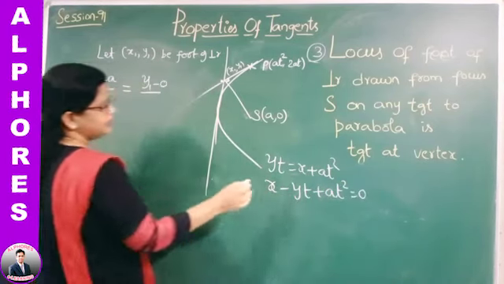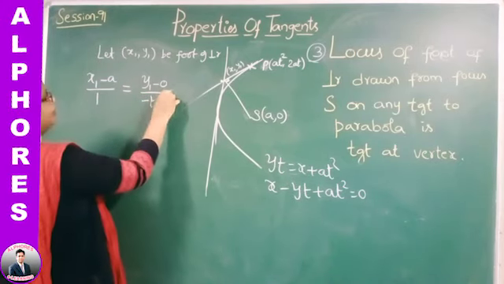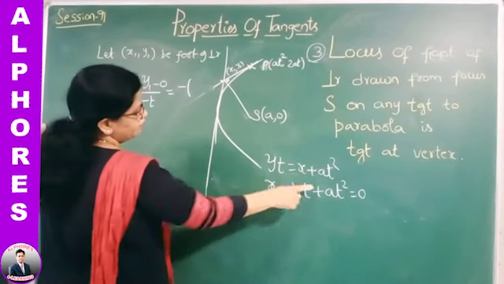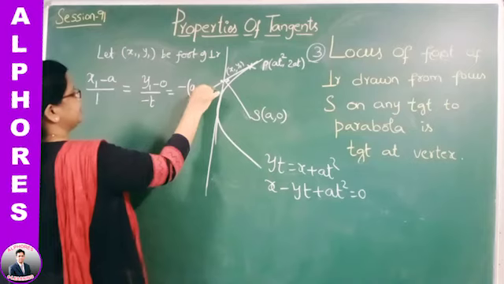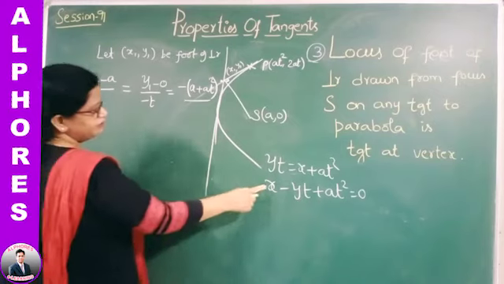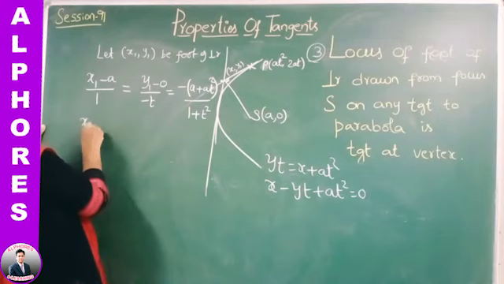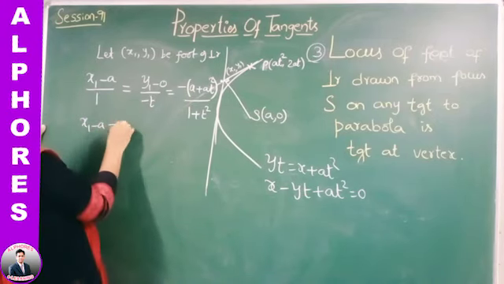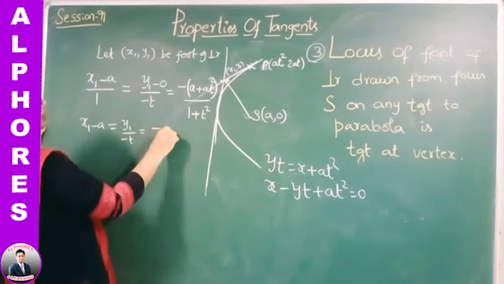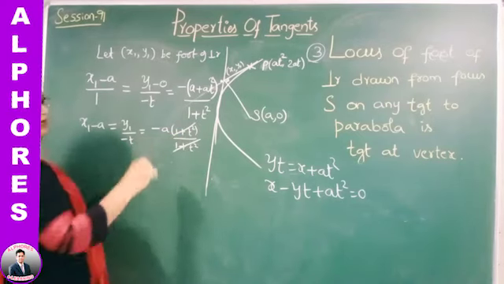So this is our standard equation, divided by minus t, equal to this side minus of, you have to substitute a plus at square, and divided by what is the denominator? The denominator is 1 plus t square. So now finally from the foot of perpendicular formula, x1 minus a is y1 by minus t equal to, this side you got minus a into 1 plus t square divided by 1 plus t square. So these two values cancel.